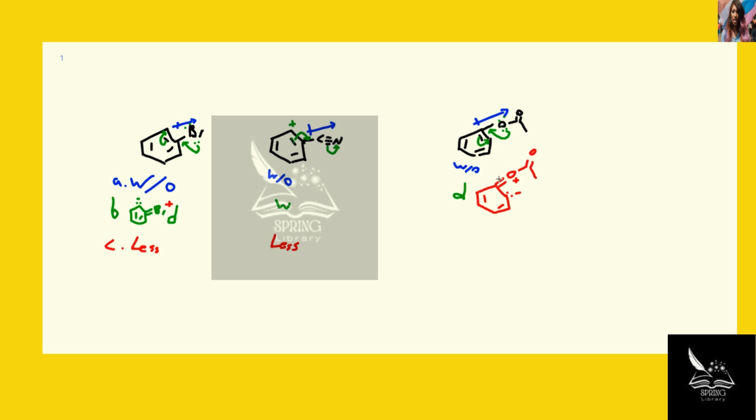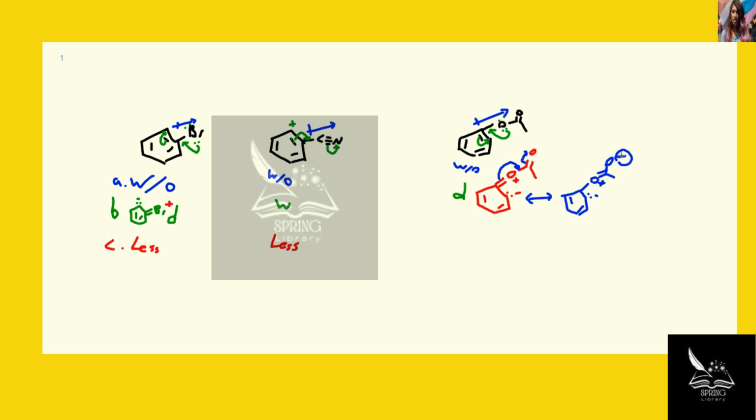Well, this positively charged oxygen can move around these pi bonds to make more resonance structures. And what we know about stability is that the more resonance structures you create, the more stable your molecule will be. So right now, we just formed another resonance structure in which we have a positive and negative charge that are very close to each other.